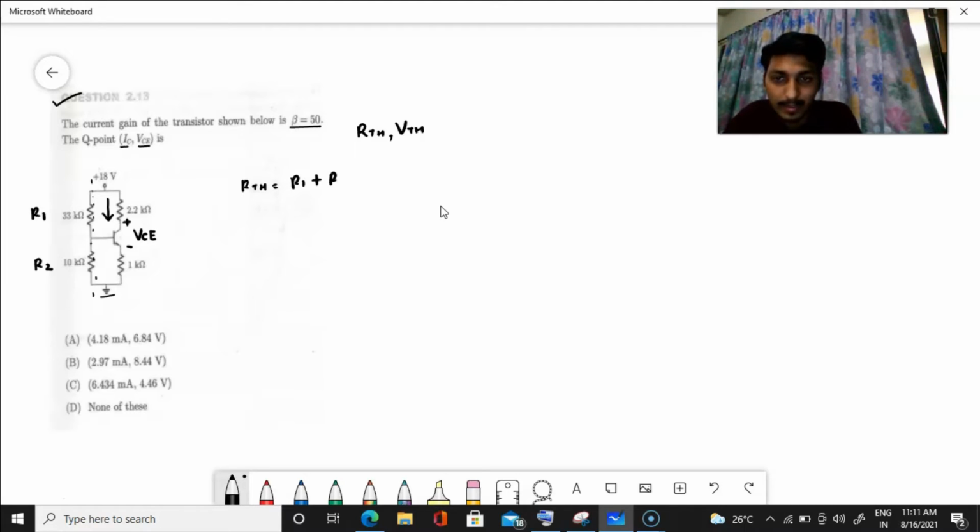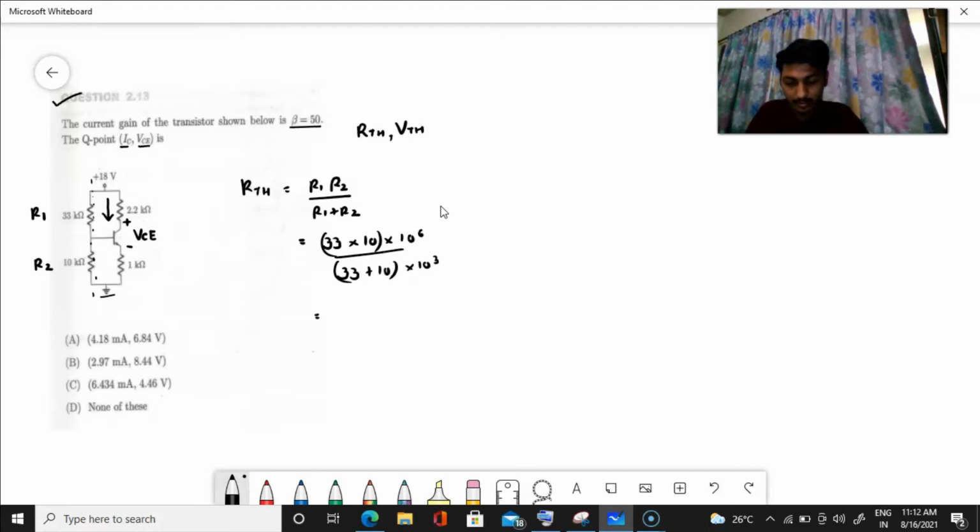RTH is given as R1 R2 by R1 plus R2. So it is 33 into 10 raised to 3 into 10 into 10 raised to 3, divided by 33 into 10 raised to 3 plus 10 into 10 raised to 3.